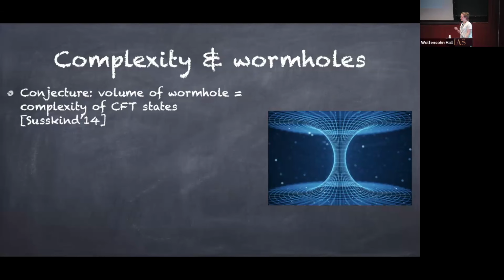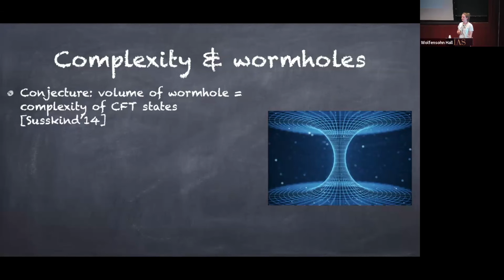And there aren't many quantities on the CFT side of the correspondence that we expect to grow for exponential time, because the CFT side is meant to be highly scrambling, so you'd think most properties would equilibrate in polynomial time. But the complexity of a CFT state is something that could grow for exponential time. And that was, I think, the intuition behind this conjecture.